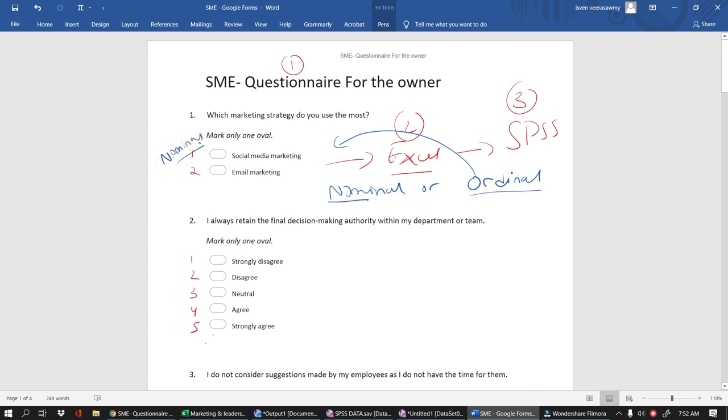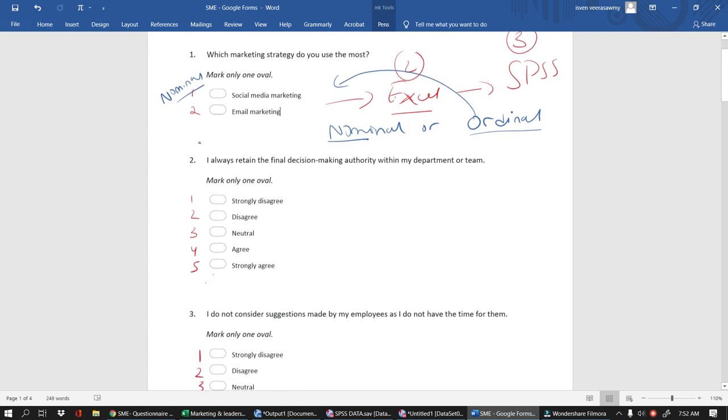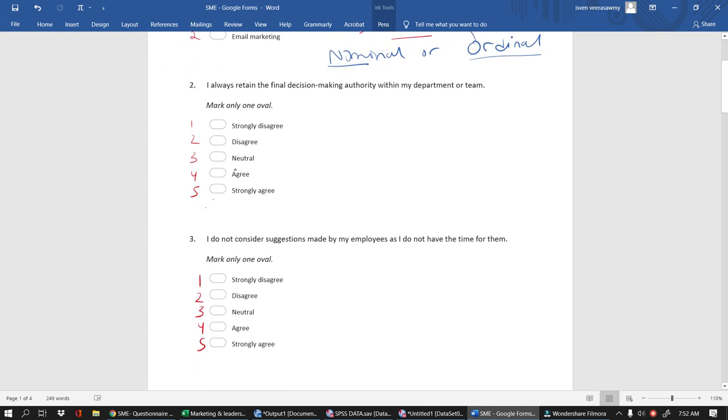It is good practice to go through your questionnaire and write the type of measurement for all the questions. Here you will see that there is an order from strongly dissatisfied to strongly satisfied, from a negative to a positive feeling. Since you have order in your categories, it is ordinal.